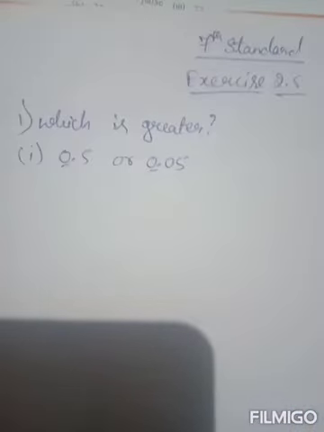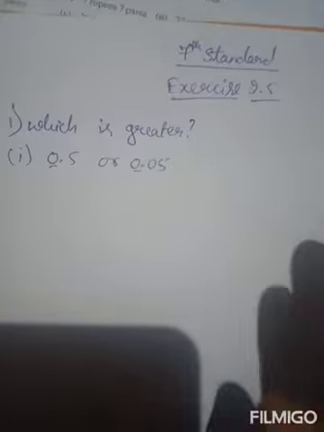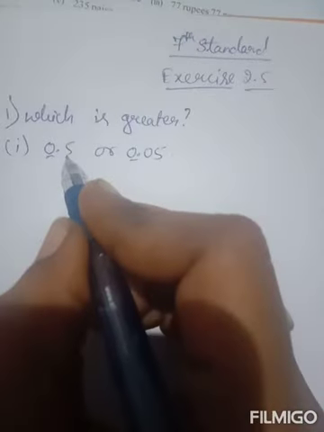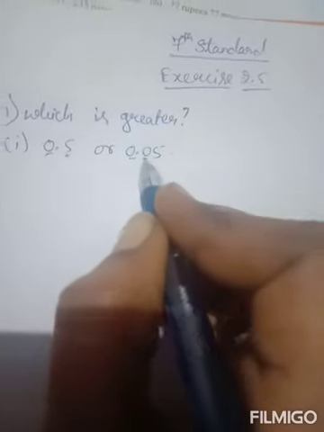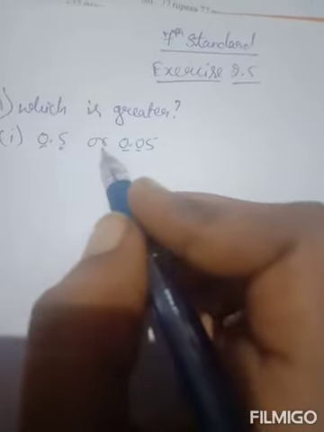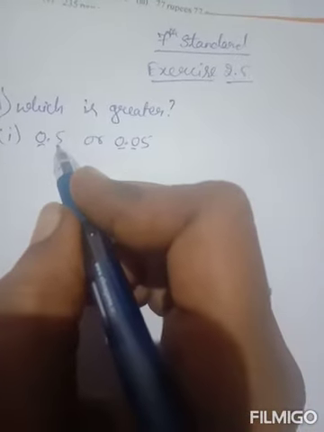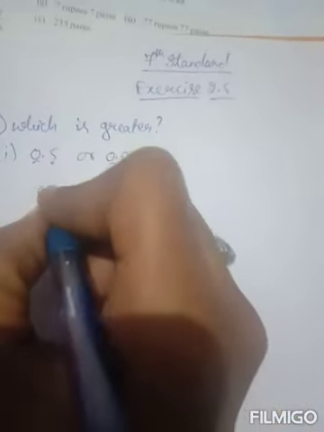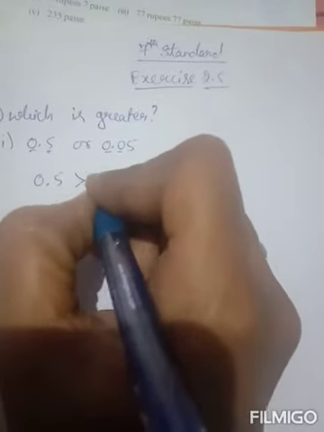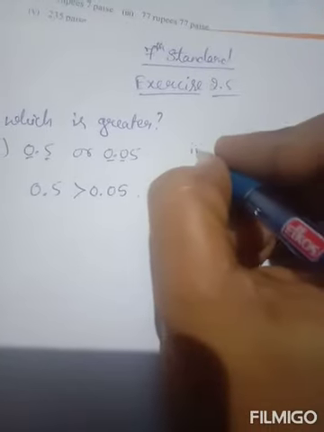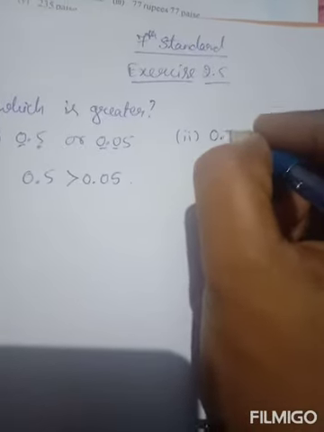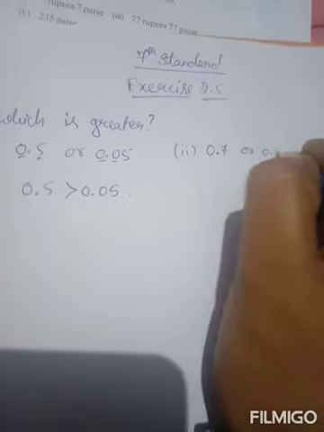No need to compare that because both are equal. Then in the tenths place you compare, here 5, here 0. Then you come to know which one is greater. 5 is greater. Then 0.5 is greater than 0.05. Okay. Next, second one, 0.7 or 0.5.